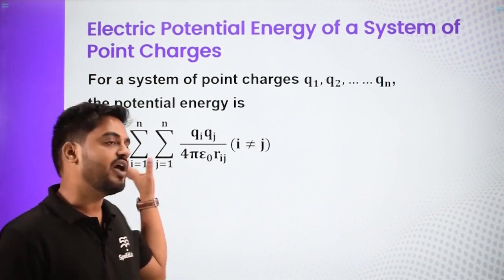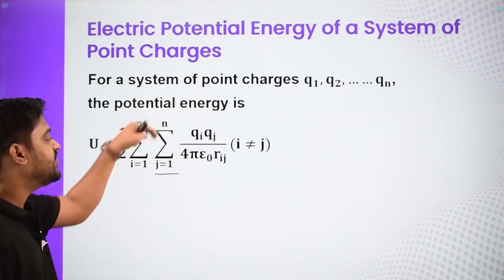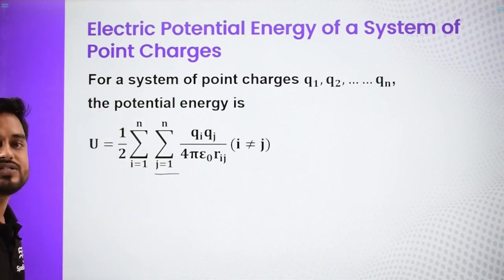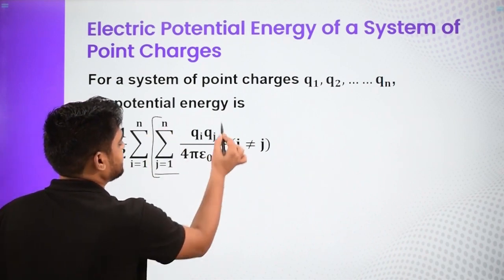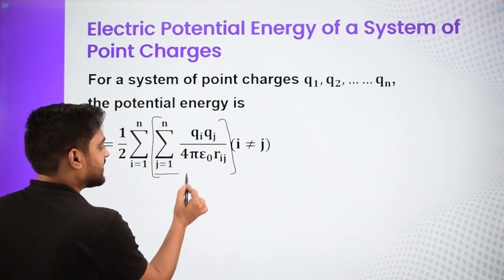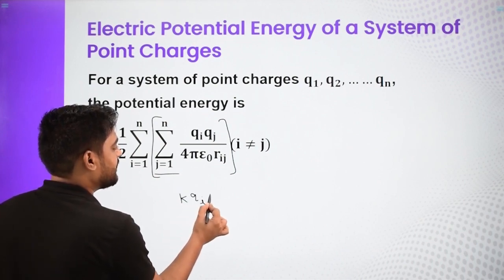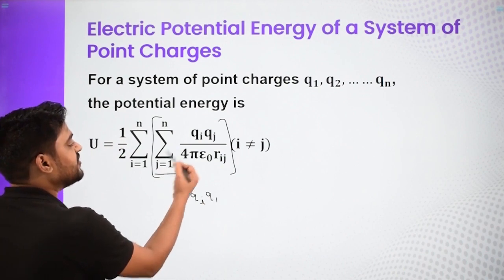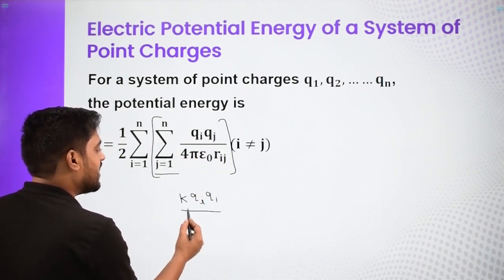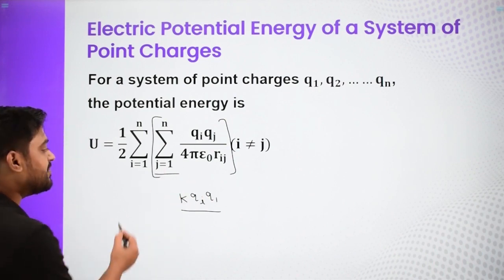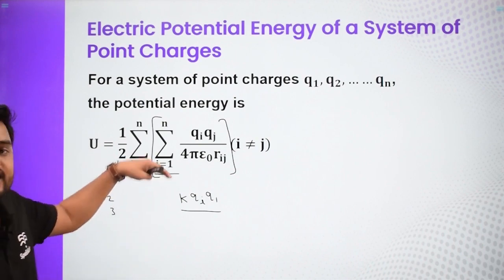How do we use this? The idea is, first you put the value of j from 1 to n, and i also from 1 to n. So first I am putting j. I am writing k for shortcut, and this is qi qj by rij, because I am putting the value of j from 1 all the way up to n. Then I put i values one by one: i equal to 1, then 2, then 3, while j varies from 1 to n.